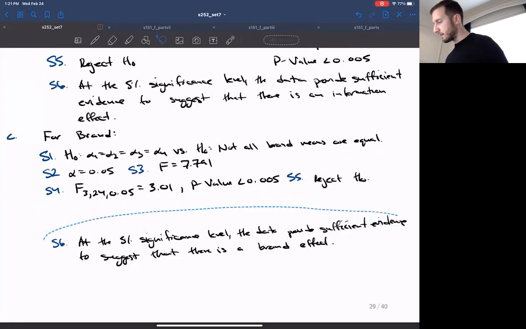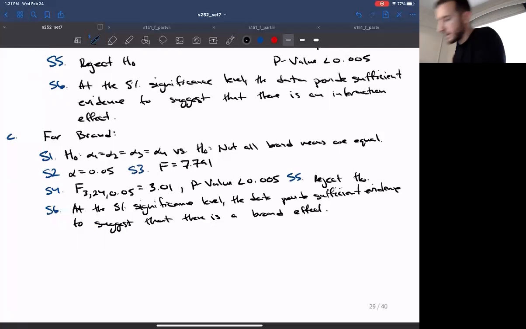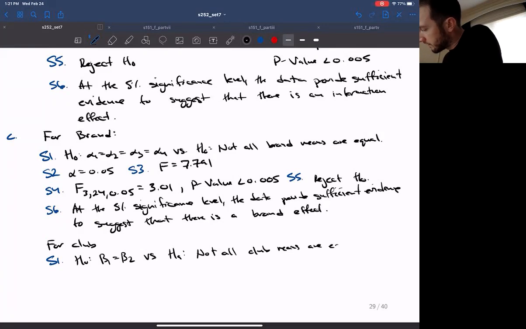Now we have to do the same thing for the club type. That test is going to be identical, except we'll have a different degree of freedom. For the club type, step 1: H0: beta 1 equals beta 2 versus HA: not all club means are equal, which in this case is really just beta 1 not equal to beta 2 because we only have two club types.